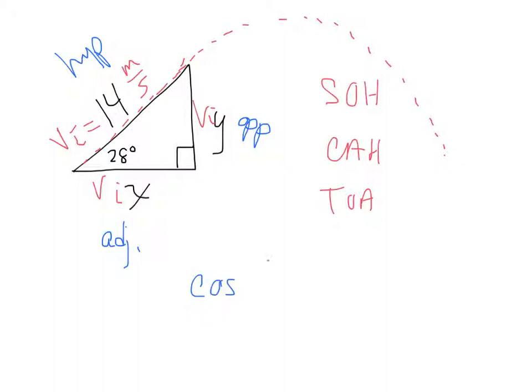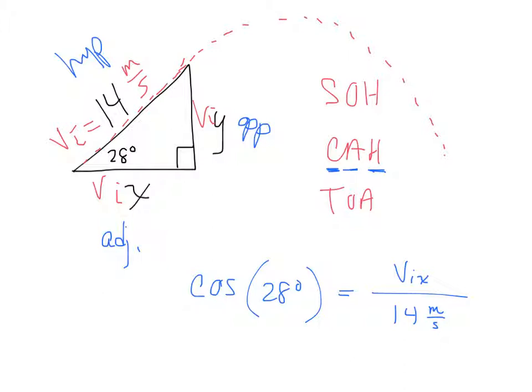Cosine of the angle, which is 28 degrees, is equal to, and I literally read across, cosine equals adjacent over hypotenuse. I'm reading the letters in that order. So adjacent is what I'm looking for, and the hypotenuse is 14 meters per second. That would be my setup if I were trying to determine the initial velocity in the x direction.